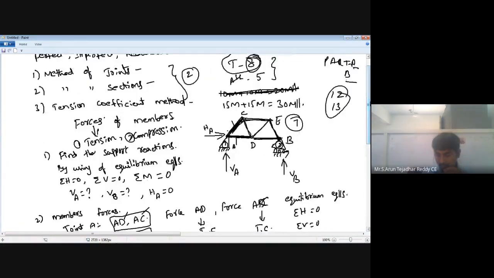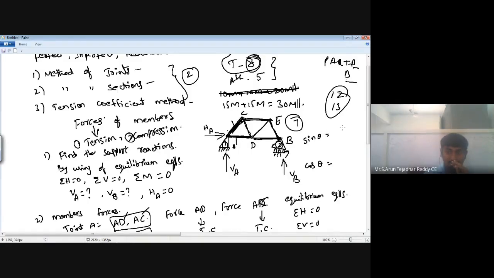And one more important point. First of all, you should know what is sine theta and what is cos theta. These two are very important while resolving the forces.